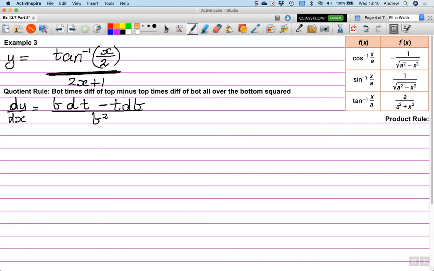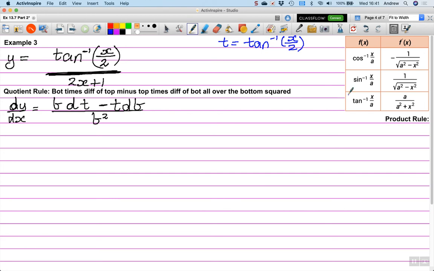Again, we'll do it in a different colour, just so it stands out and doesn't clash with what we've got here. The top function is equal to tan inverse of x over 2.